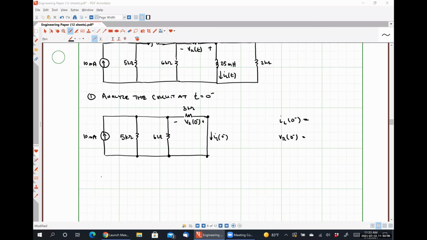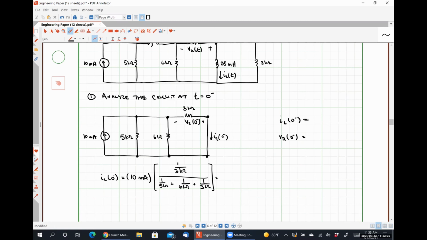So with that in mind, IL at 0 minus is going to be 10 milliamps multiplied by 1 over 3 kilo ohms in our numerator. And then we'll have 1 over 5 kilo ohms plus 1 over 6 kilo ohms plus 1 over 3 kilo ohms here in our denominator.